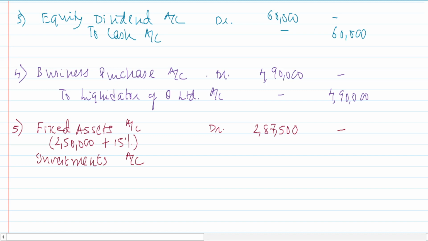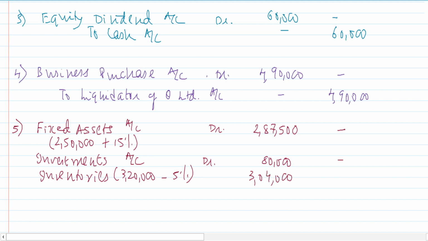Investments account debit 80,000. Inventory we have to reduce in value, so 3,20,000 minus 5%, 3,04,000.